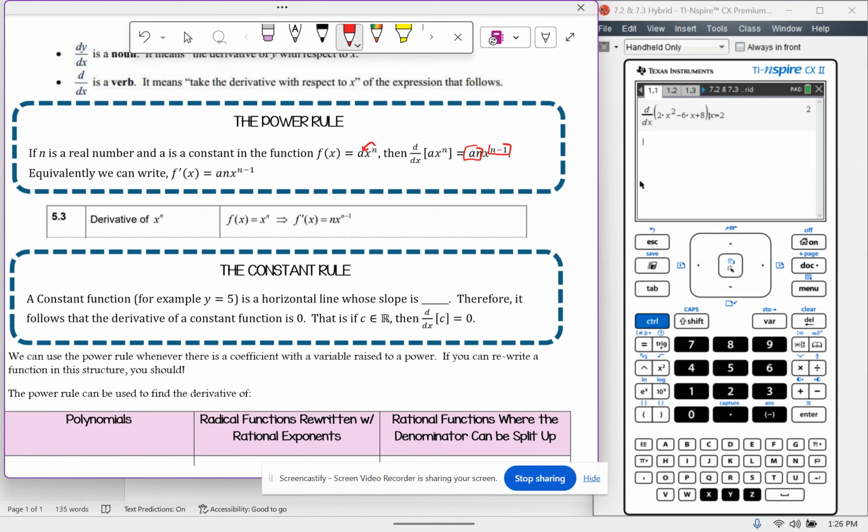Then we reduced the power by 1. Equivalently, we can write f prime of x is equal to a times n times x to the n minus 1. That's just saying drop the coefficient down, reduce the power by 1. That's all the power rule is. Okay? It is in your formula booklet at 5.3. If you want to open it up and just look and see where all the derivatives are located, that could be useful right now.